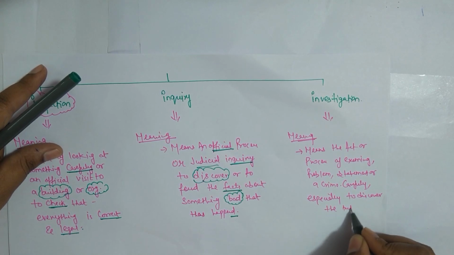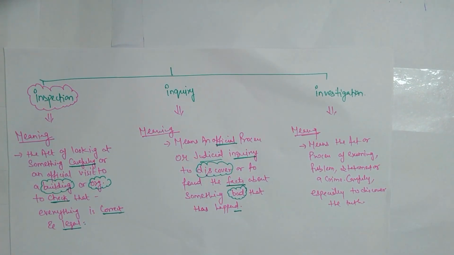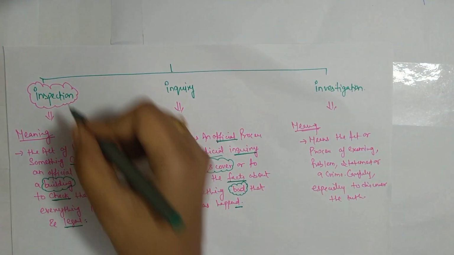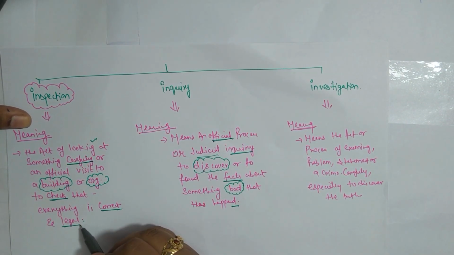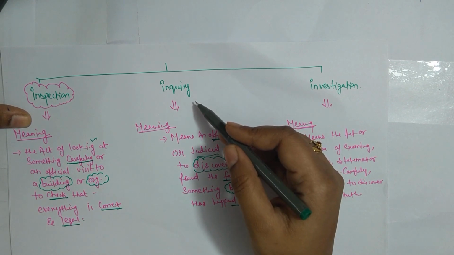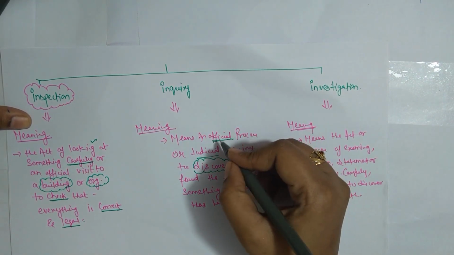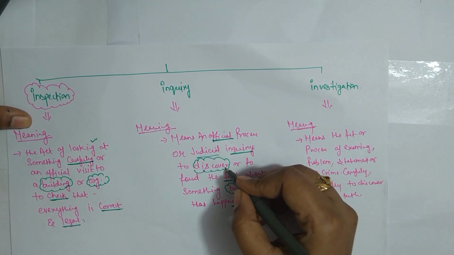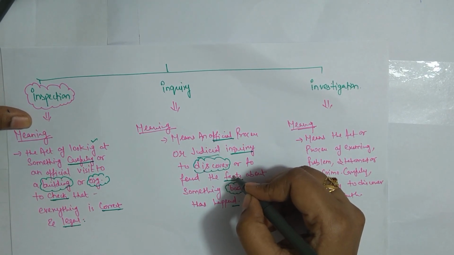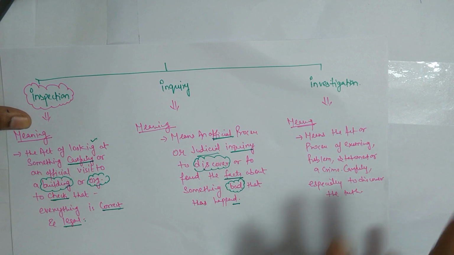So, inspection means looking carefully to check that everything is legal or not. Inquiry means to inquire officially or judicially and discover the facts through which you can prove that something bad happened in the organization.